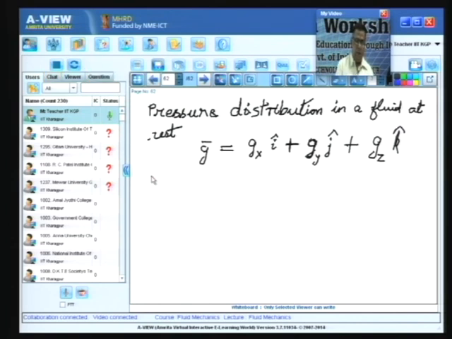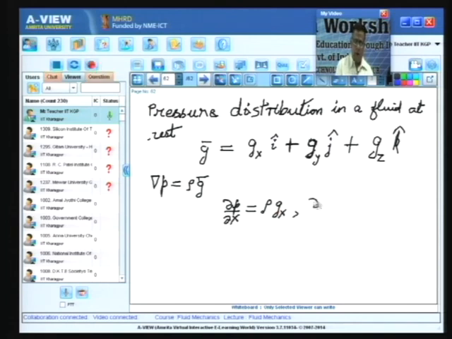Now, if you start with this equation grad p equal to rho g, this is a vector equation. If you look at its x component, you are going to have del p del x equal to rho g x.